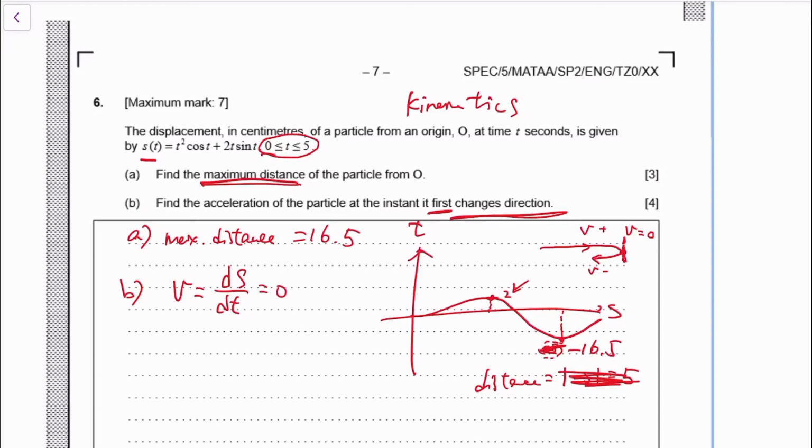Now, when would a derivative be 0? We have the displacement graph here. When would the derivative suddenly be 0? Well, the answer is at the maximum. So the first time that you change direction must occur when the maximum occurs. That's the first time that the derivative is 0. So that means we should find the maximum. Let's find the maximum.